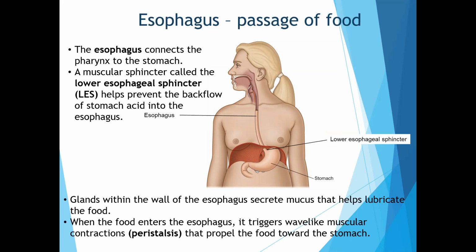So when you hear people saying they have acid reflux, that means their LES is not doing its job quite well enough, because some of that stomach acid is going back up into the esophagus, which can be extremely irritating. There are glands within the wall of the esophagus that secrete mucus, and that helps lubricate the food so that as peristalsis, those wave-like muscle contractions, propels the food toward the stomach, there's not a lot of friction. Everything can flow smoothly.